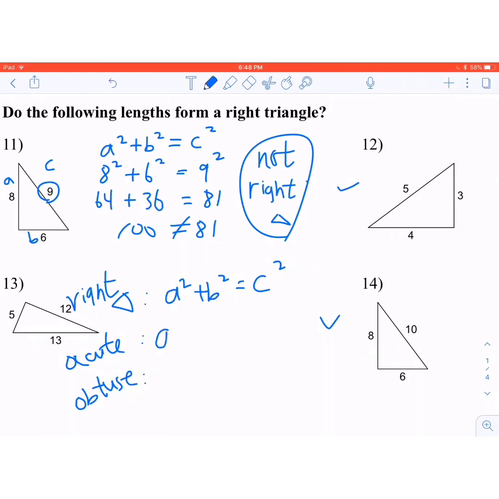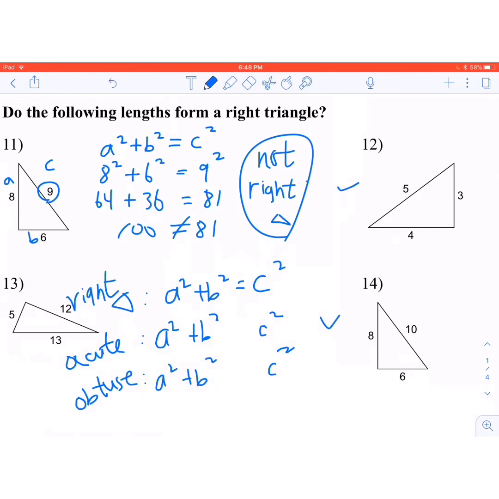So it's the same format of the equation, just that it is now an inequality, because obviously if it's equal, then it's a right triangle. A characteristic of an obtuse triangle is that the longest side is even longer than it was for a right triangle, which means the value of c is larger.